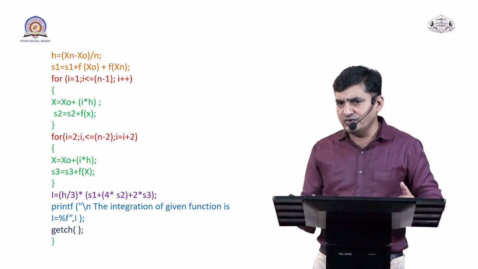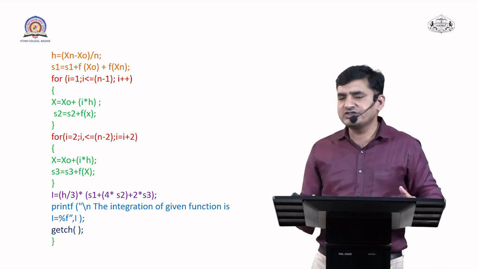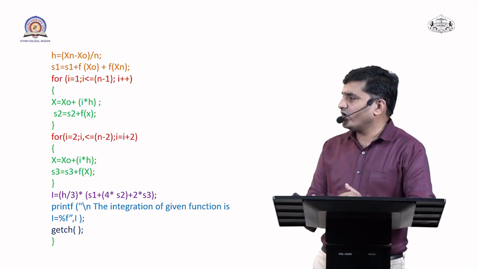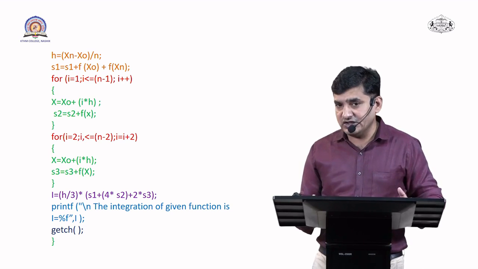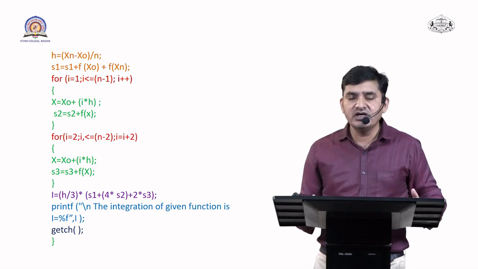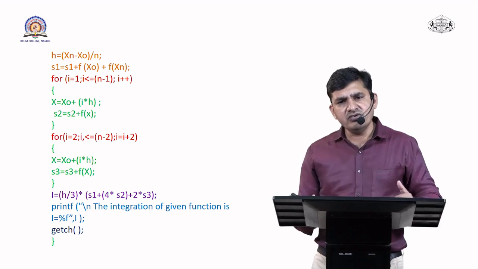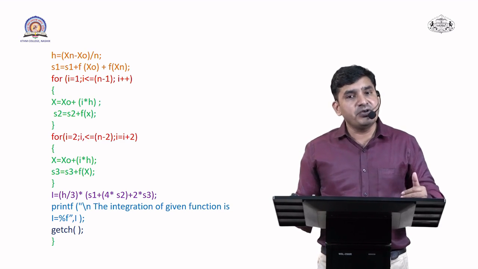So we use the input function, that is scanf, %f, because x0 is a floating point variable, x0. So x0 is the input which is given to the computer by using the input function scanf.